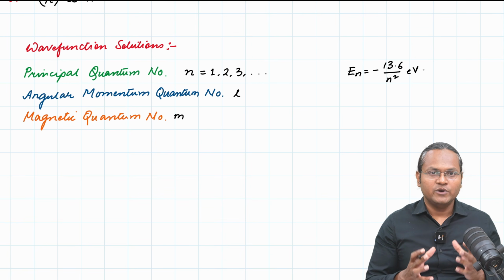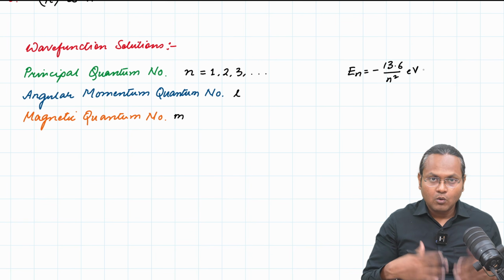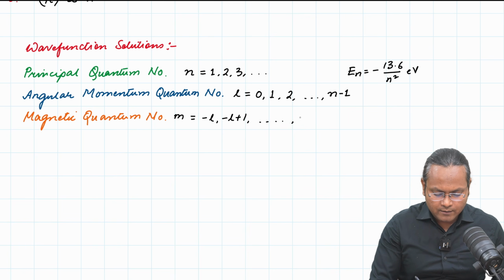It still has an orbital angular momentum, which can be figured out from the quantum numbers L and M. L can take the values of 0, 1, 2, up to n minus 1, and M can take the values of minus L, minus L plus 1, up to L minus 1 and L.